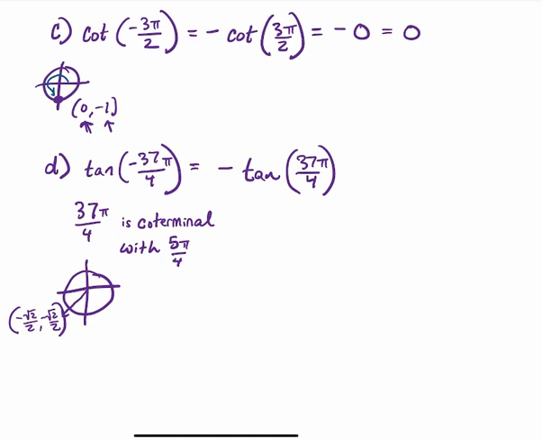And we know that we're coterminal with 5 pi over 4, so it will share this coordinate point. And the tangent of this one is sine over cosine, so negative root 2 over 2 divided by negative root 2 over 2. The tangent of 5 pi over 4 is positive 1. The negatives will cancel and it will reduce to 1. So we're still keeping this negative, and then the tangent of 37 pi over 4 is positive 1. So it'll pick up that negative and our result should be negative 1.